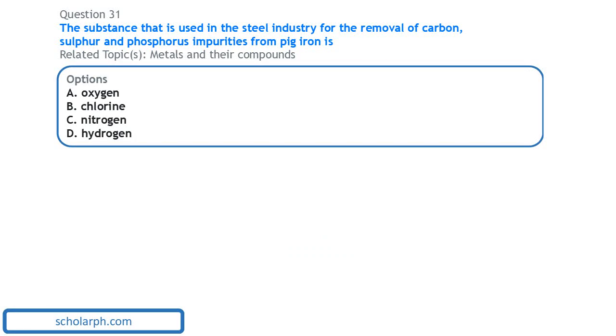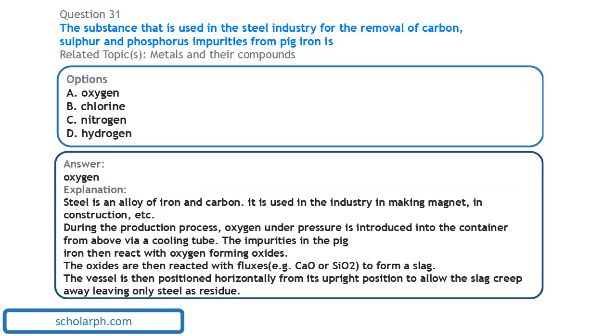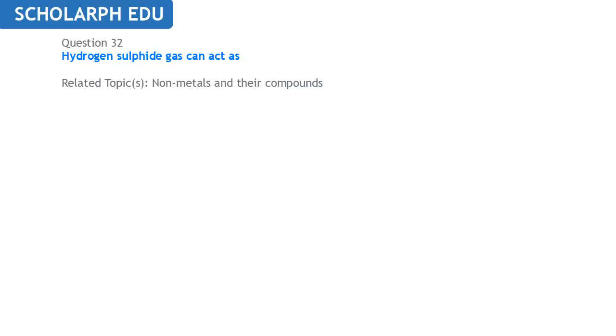The substance used in the steel industry for the removal of carbon, sulfur and phosphorus impurities from pig iron is oxygen. Oxygen oxidizes the impurities into gases.